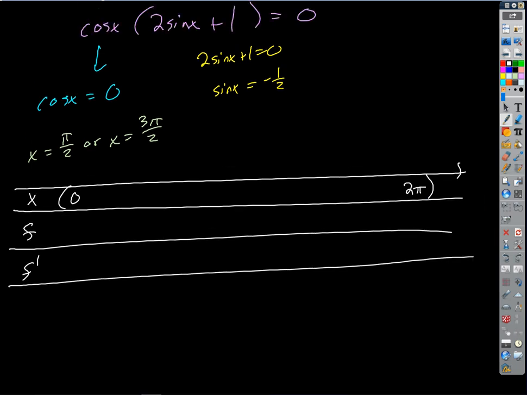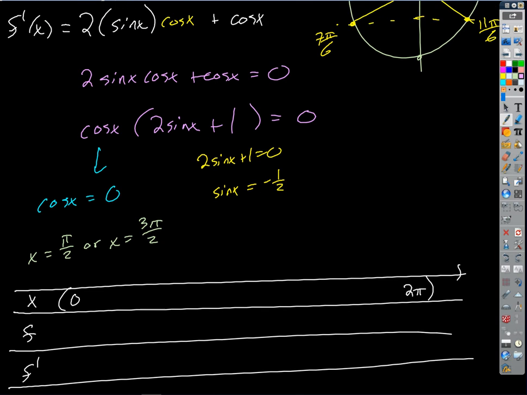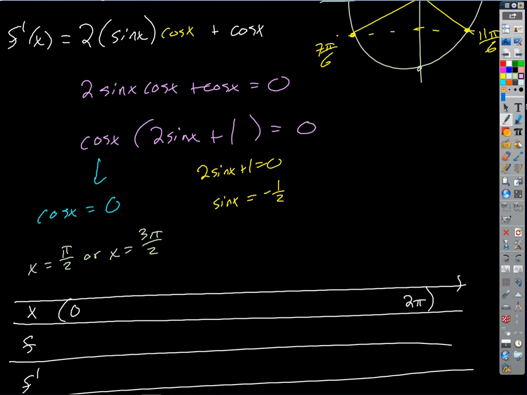And our critical numbers in order, the smallest one would have been pi halves. Okay, so that's going to be about there. Doesn't have to be exact. And then we had a little bit more than halfway there, a little bit past pi, so we would have had 7/6 pi. And then we would have had 3/2 pi. And then finally, clear up here, we've got 11/6 pi, right?